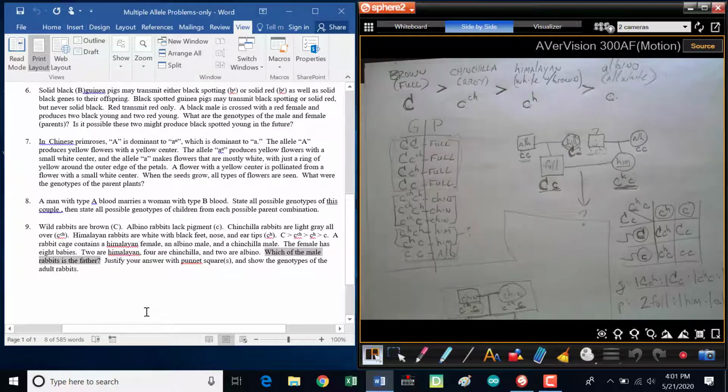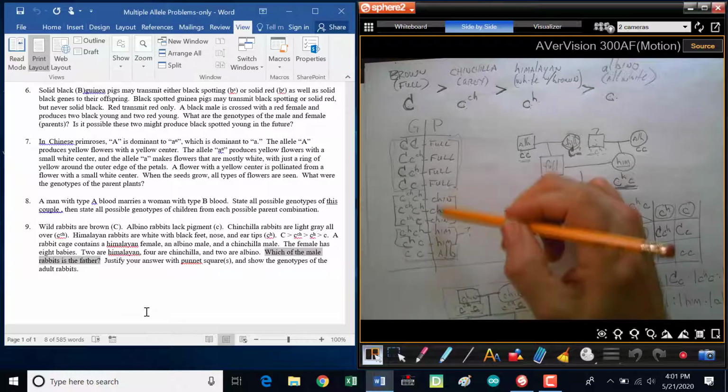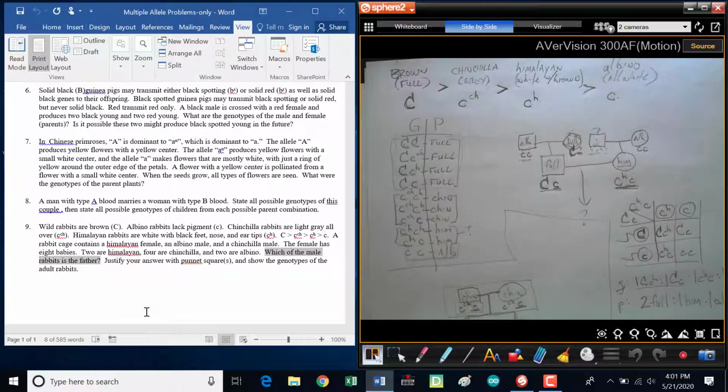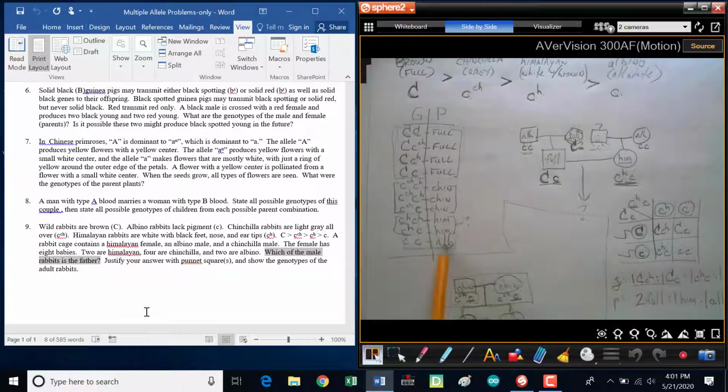I love these problems. You can do this problem. Sit down, draw out 2 different pedigrees. One with a chinchilla male, where you don't know which of these genotypes it is, and one with an albino male, which you definitely know its genotype.